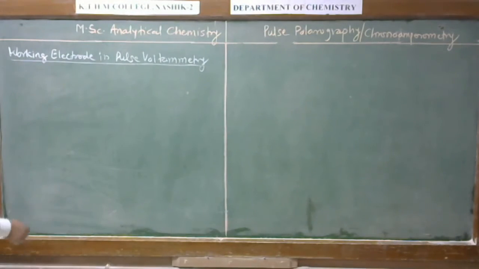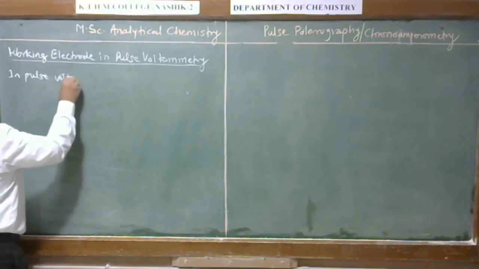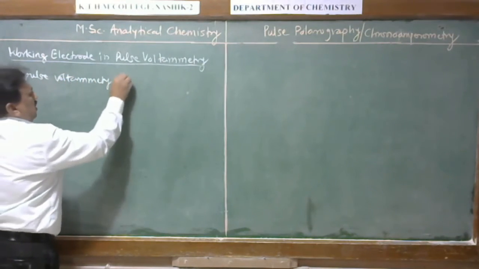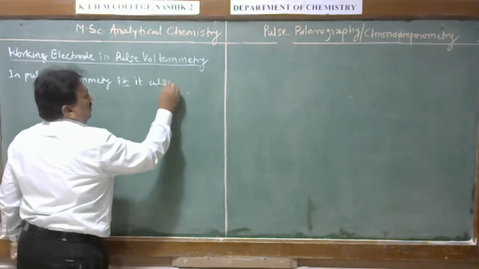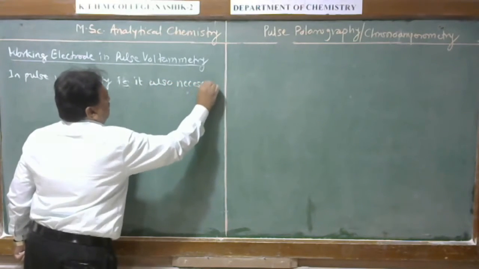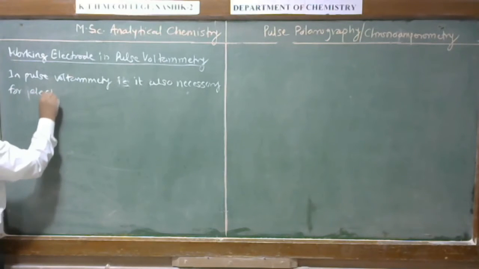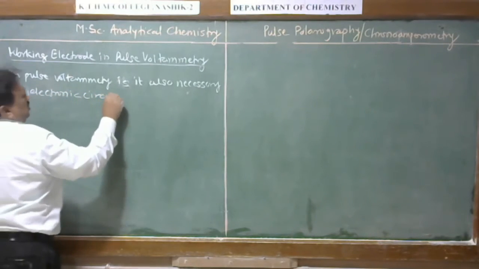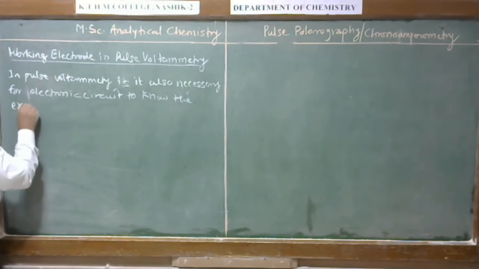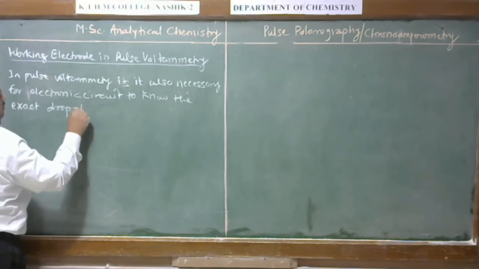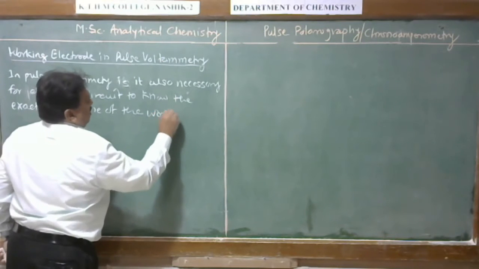Therefore, in pulse voltammetry, it is also necessary for the electronic circuit to know the exact drop time of the working electrode or dropping mercury electrode.